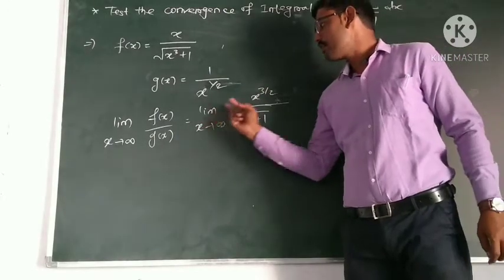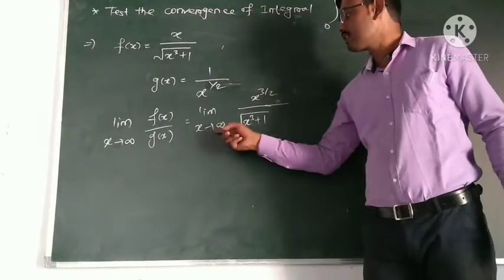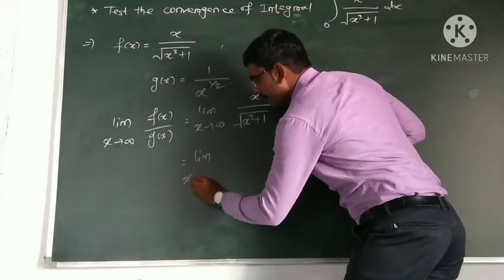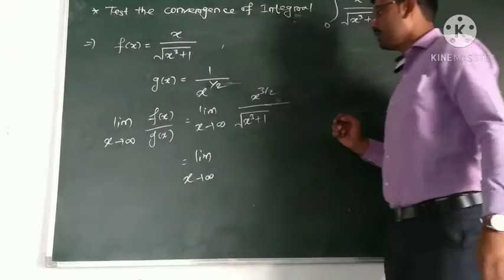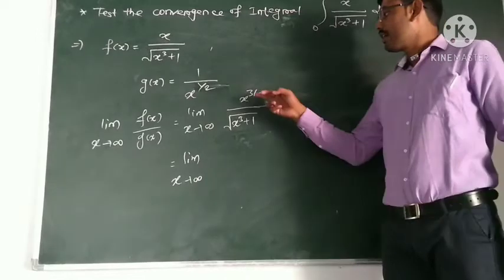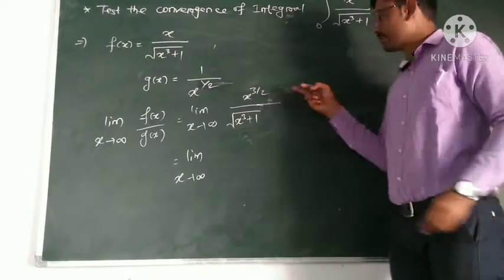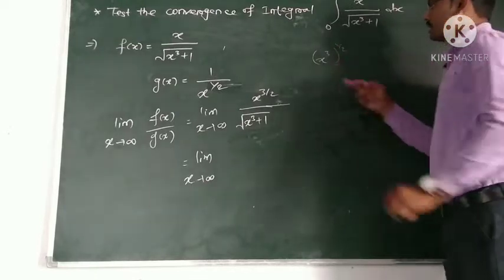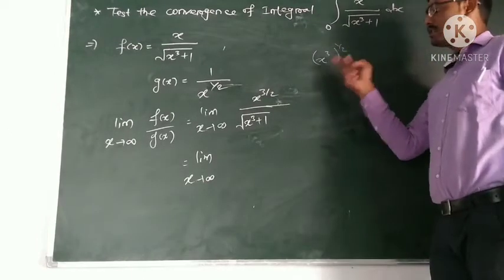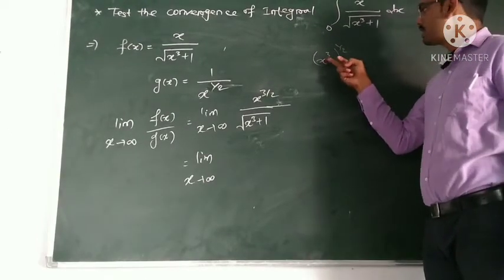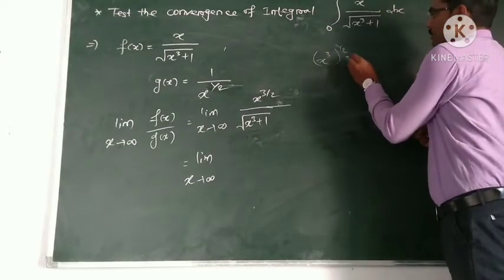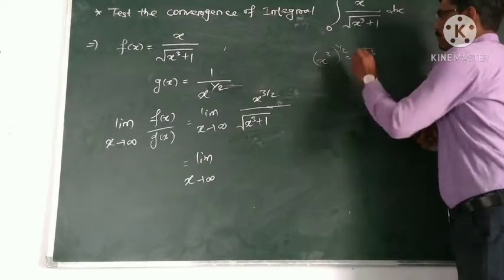So we have to calculate the limit of this f by g as x tends to infinity. This is equal to limit x tends to infinity. Okay. Now x raised to power 3 by 2 means x raised to power 3 raised to power 1 by 2. So 3 into 1 by 2 is 3 by 2. Okay. So this is nothing but square root of x cube.